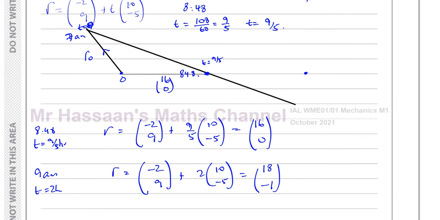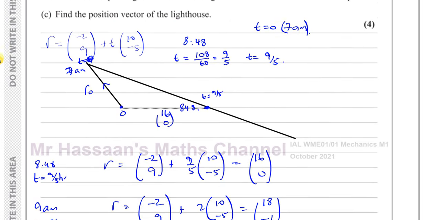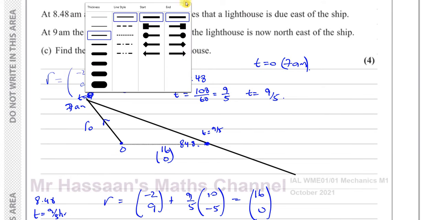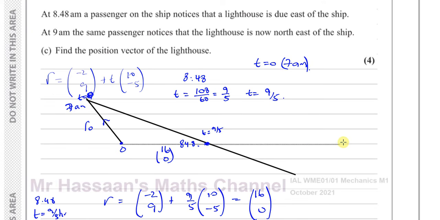All right, they've told us that already. So it says they notice that the lighthouse is east of the ship at this time. So the lighthouse is somewhere along this line here, somewhere. Okay, now we can try to pinpoint where it is by the other observation of the lighthouse, which is at that time. Okay, let me just move that up a bit.